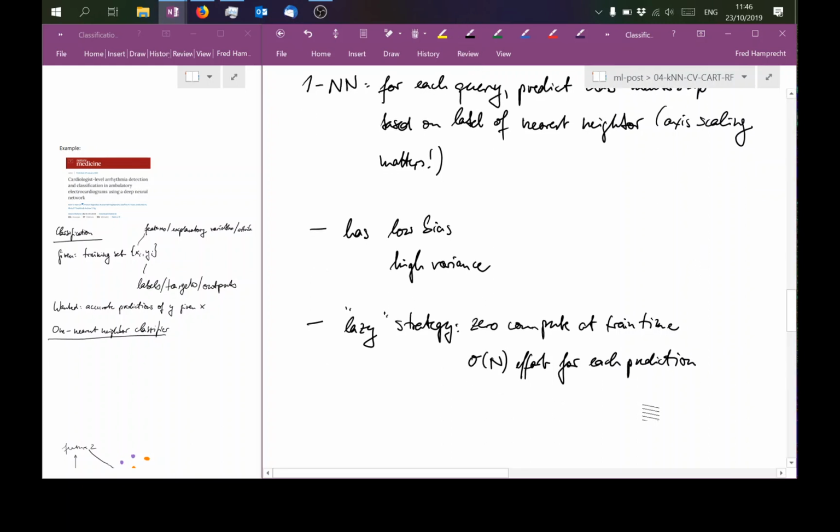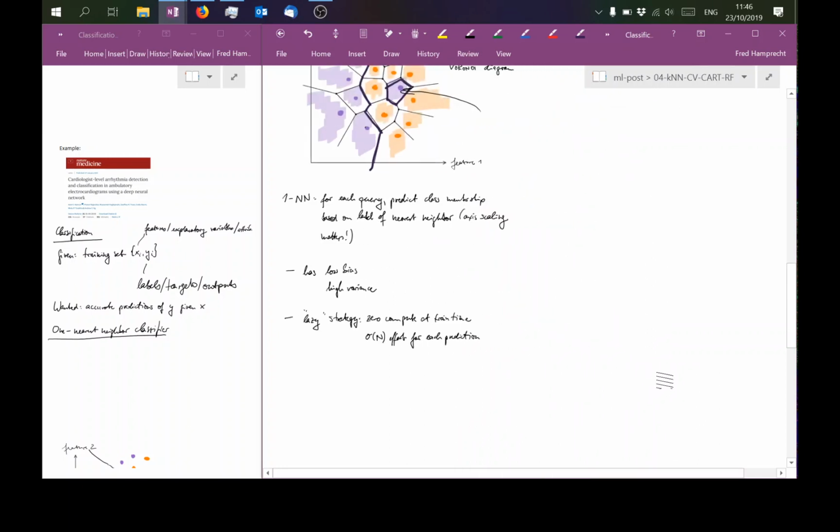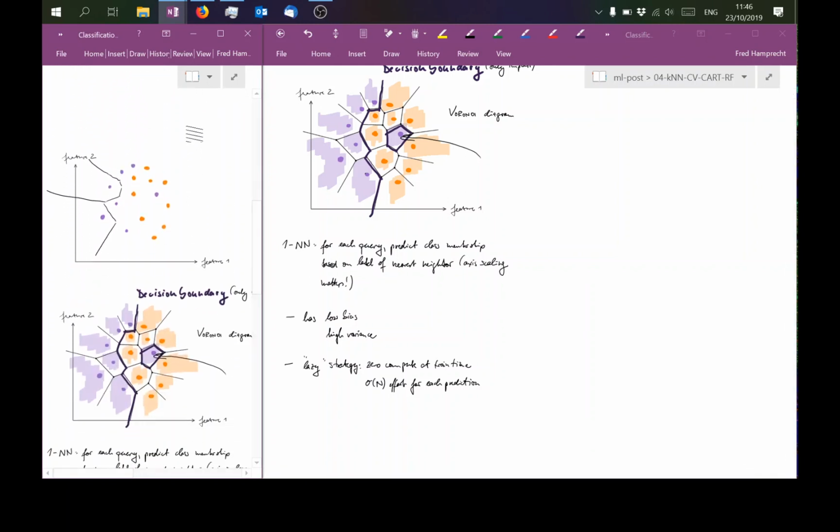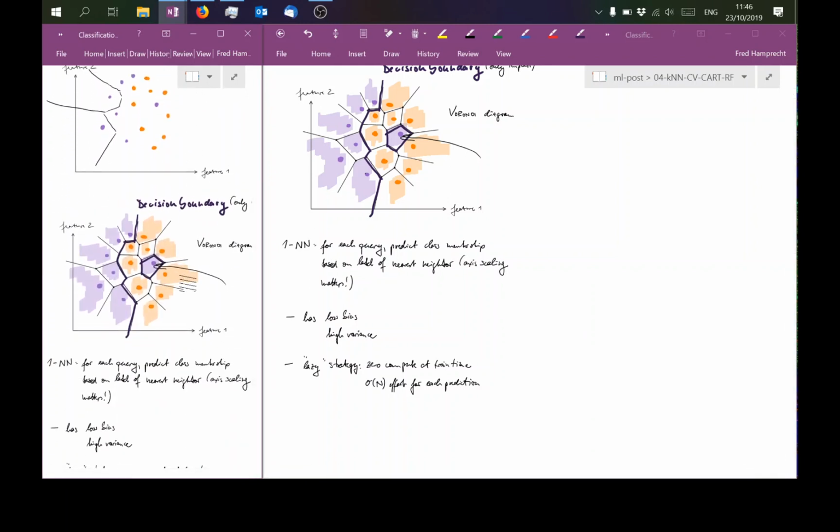Now, perhaps you have an idea how we can make the method less susceptible to creating small islands like this one here. Yeah? We could take the distance to all points and weight them according to the distance. Yes, we could consider not just one point, but more points and weigh them.